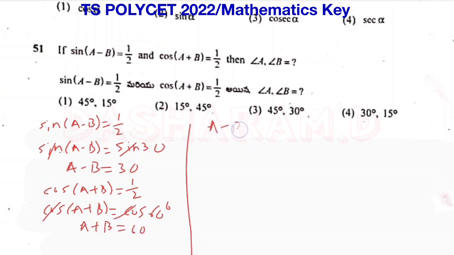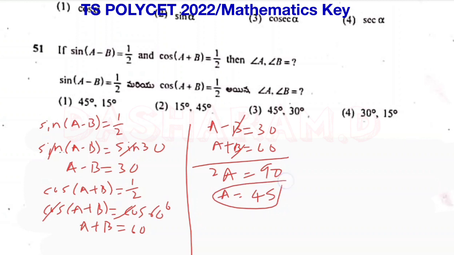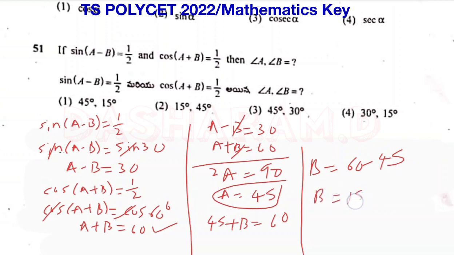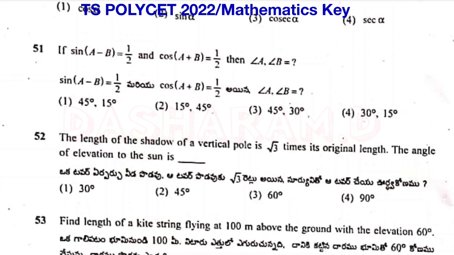Now as per the elimination method, A minus B equals 30, A plus B equals 60. So minus B plus B cancels, 2A equals 30 plus 60, 90, A value 45. Substitute this 45 in this, so 45 plus B equals 60, then B equals 60 minus 45, then B equals 15 degrees. So 45, 15. Here 45 is first A, second B, 45 15, option 1 is correct.